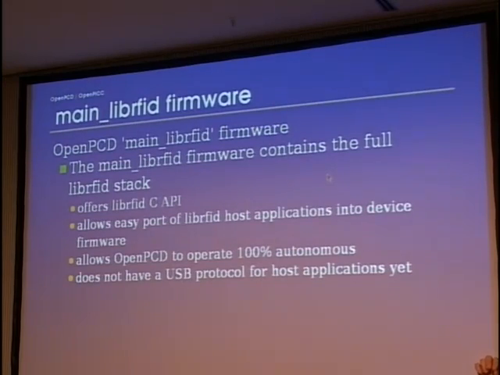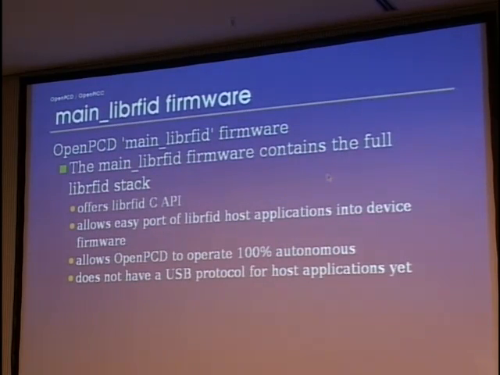So librfid has been sort of, all the POSIX dependencies that it had to run on a Linux-based host system have been removed, and all the external accesses have been encapsulated. And then you can use a cross-compiler to cross-compile librfid for ARM7. And then you can link that library into the device firmware, and that's basically what we call main librfid.